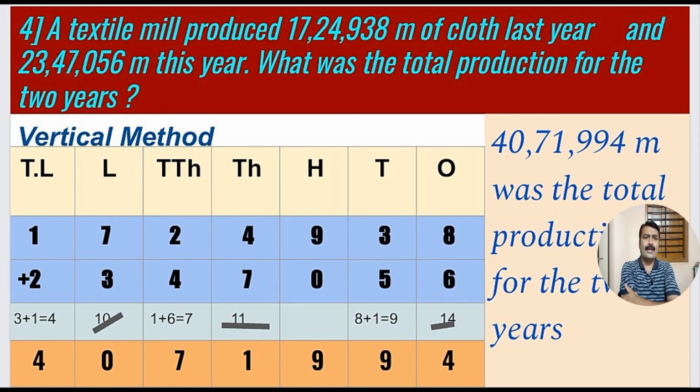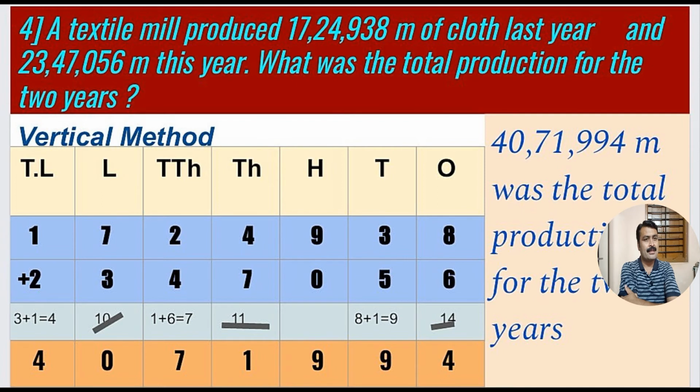Now we are trying to catch the meaning of some important words in Marathi. Textile mill, सूतगिरणी. Produced, तयार केले, निर्माण केले. Cloth, कापड, कपडा. Last year, गेल्या वर्षी, मागील वर्षी. Now there is a small m used in front of the given two numbers. Small m represents meter.